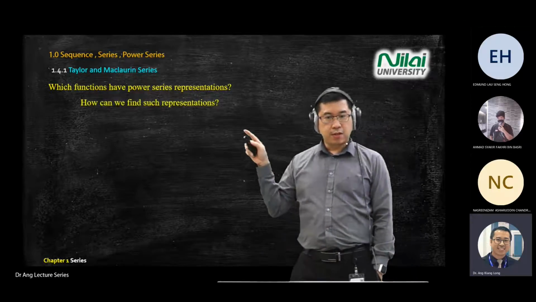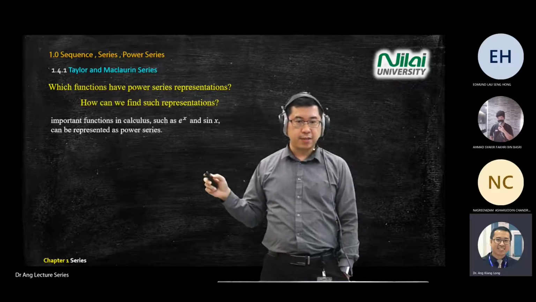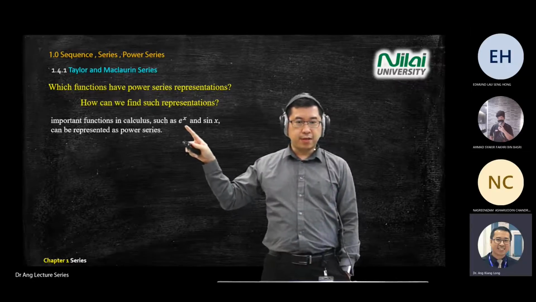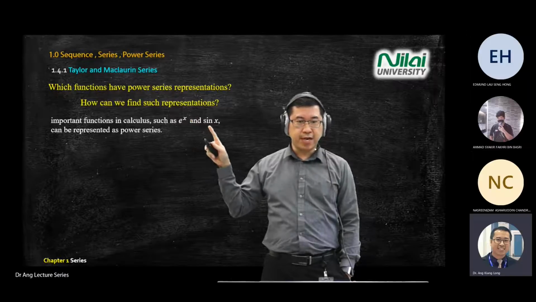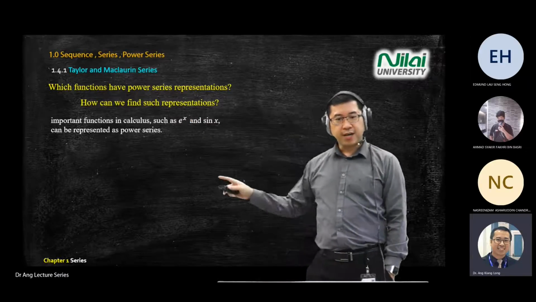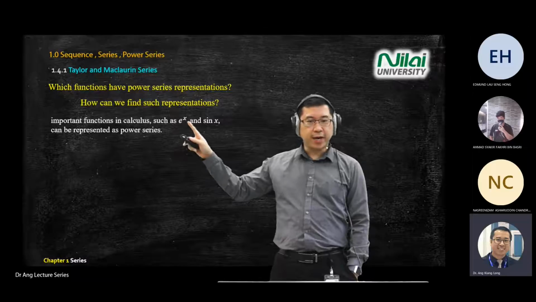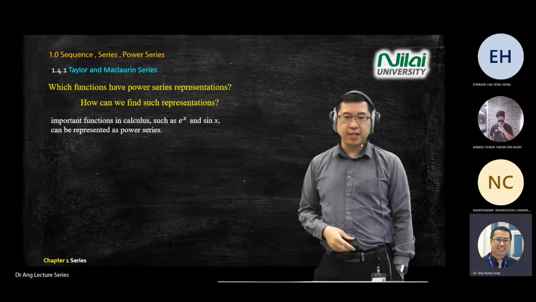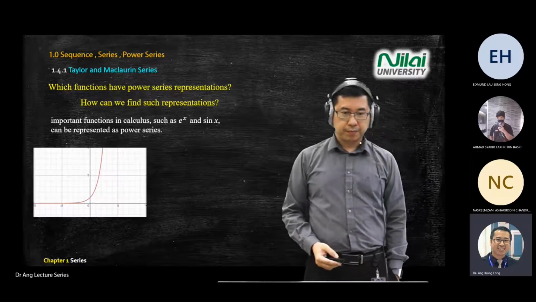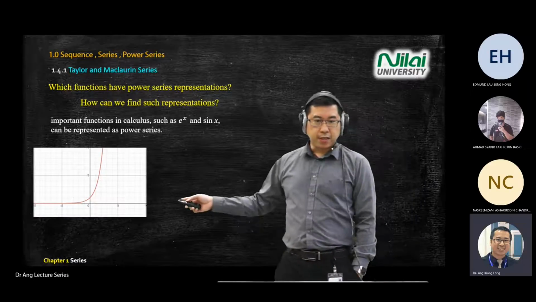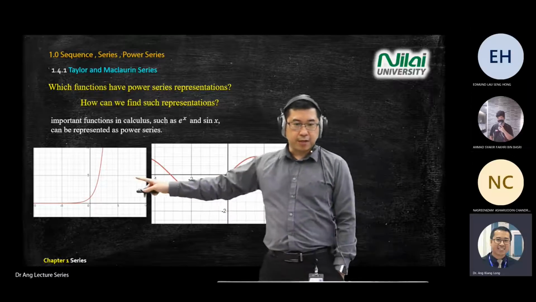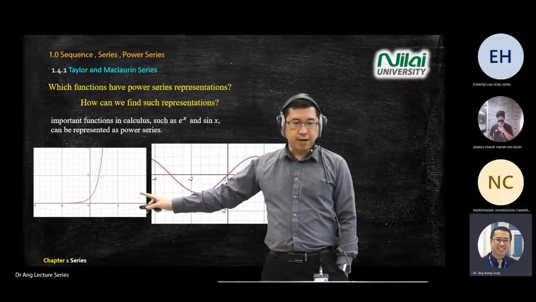So these are the questions we ask. What about e power x? What about sine and so on? So far, we haven't touched on e power x, or sine, trigonometry, in power series. These are the graph patterns.